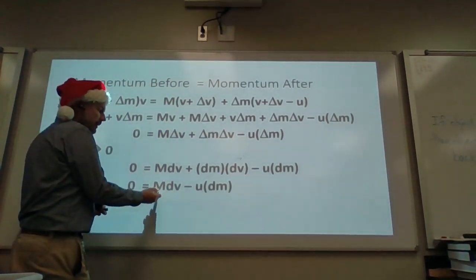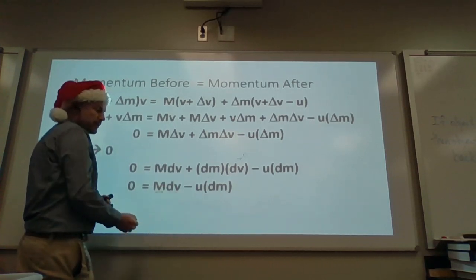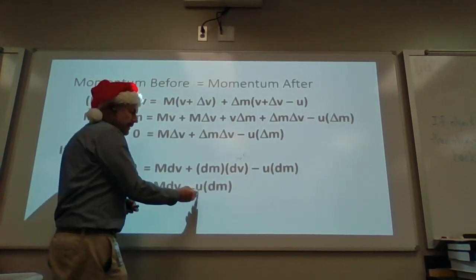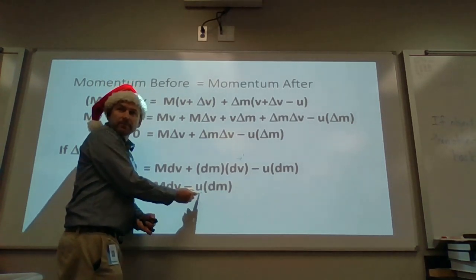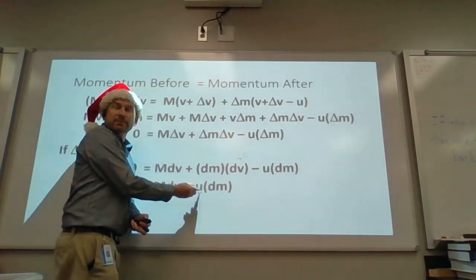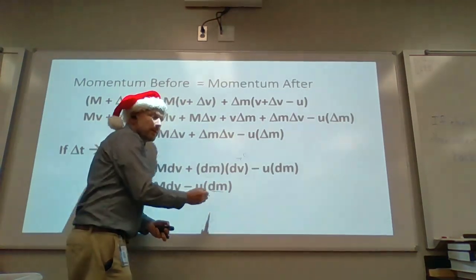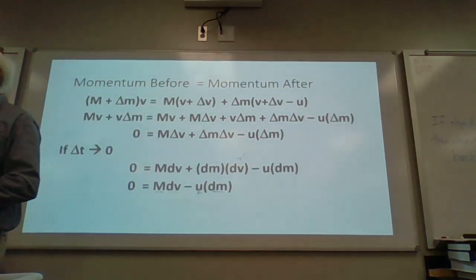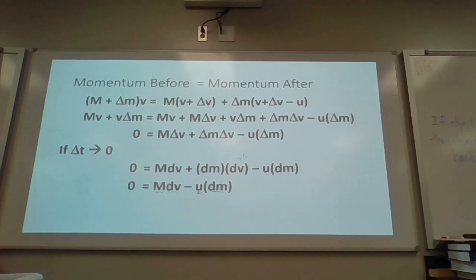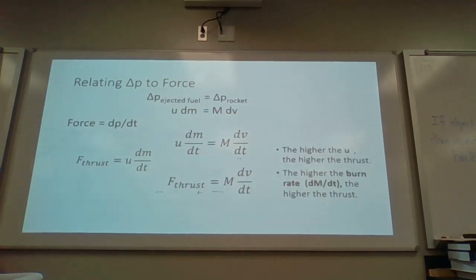So what we're left with is the mass of the rocket body times some little change in velocity, minus the speed of the fuel relative to the body of the rocket times some infinitesimally small mass ejected.